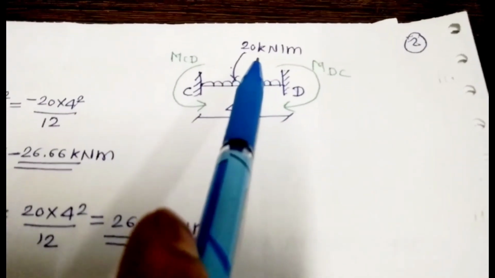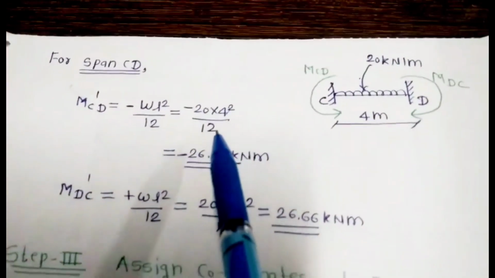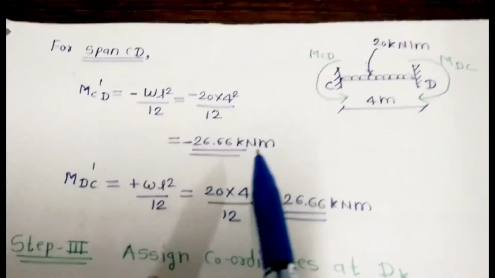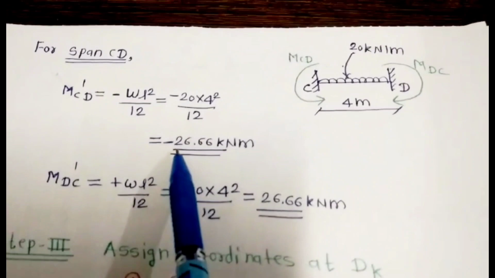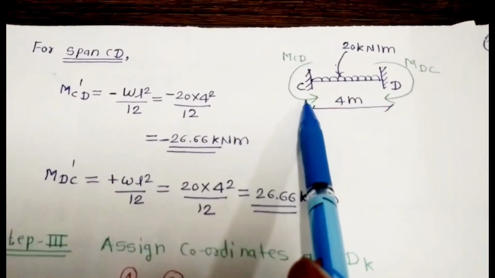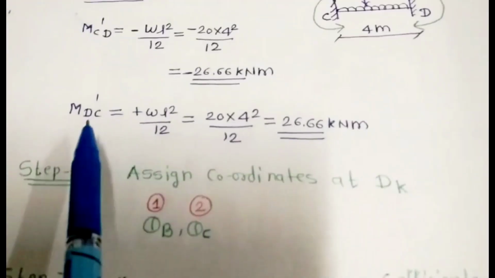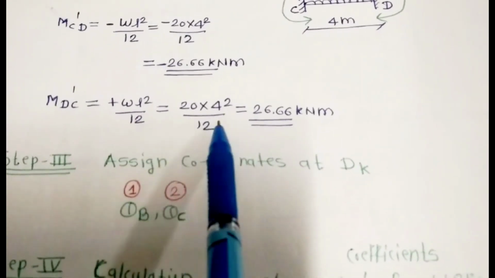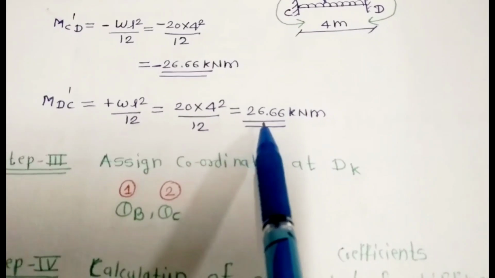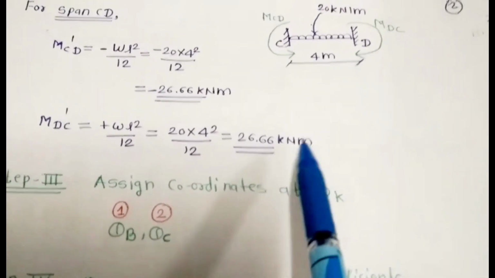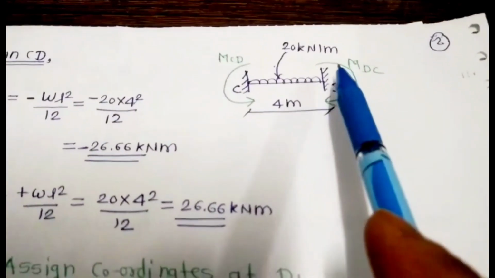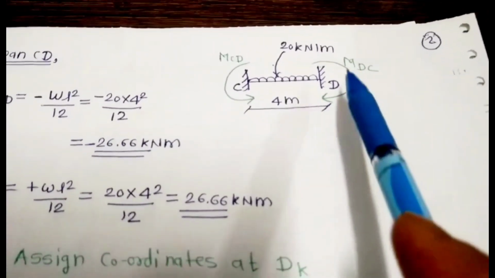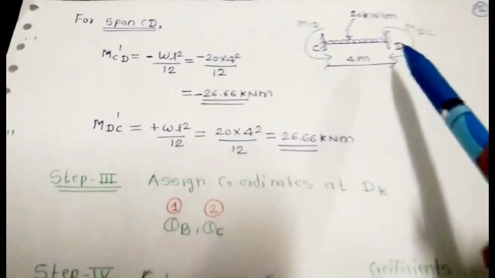So 20 is the intensity of UDL into span 4 square divided by 12, so you will get minus 26.66 kN meter. Negative sign indicates the moment is anticlockwise in nature. Now MDC is plus WL square upon 12, by putting the values you will get plus 26.66 kN meter. So the positive sign indicates MDC is clockwise in nature.